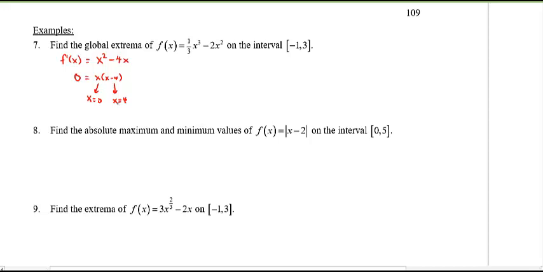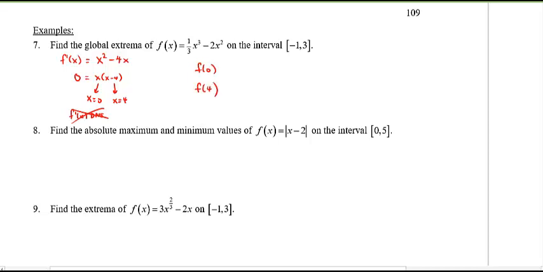Cool. Is there a place where f prime of x also does not exist? No, because this is a polynomial, so we don't have to worry about that. Okay? Now, once you've found your critical numbers, then you have to, that's right, calculate the y values. So really you should be finding f of 0 and f of 4.